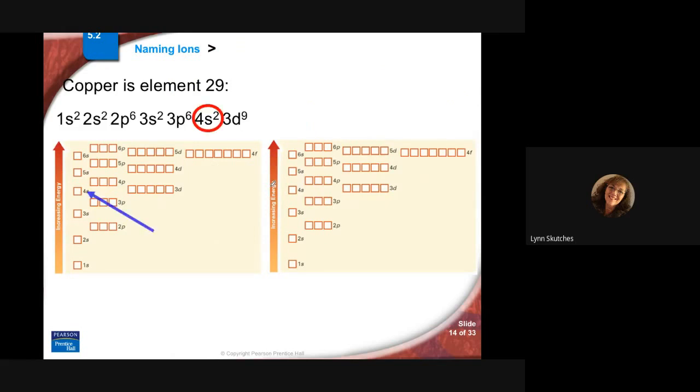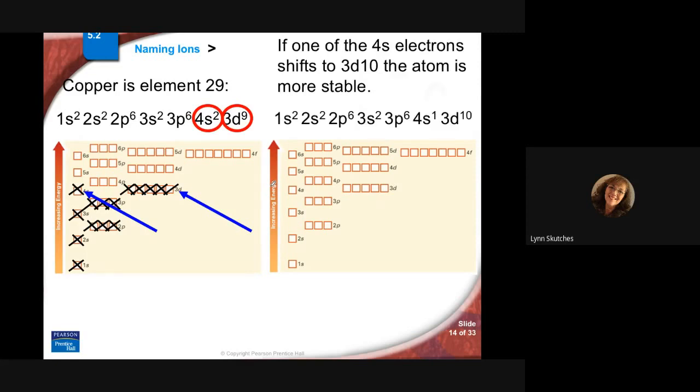So again, 4s fills, then the 3d would fill. So that's the proper way to do the electron filling diagram for copper. However, again, if one of those s orbital electrons moves into a d, the 5 d orbitals get balanced and symmetrical and steady, I don't know, lower energy.